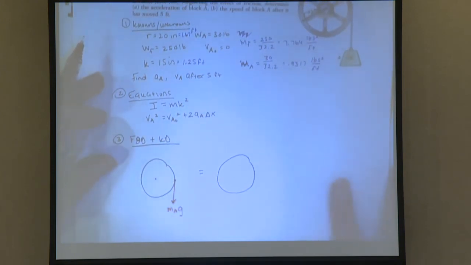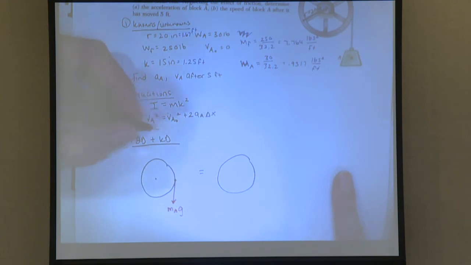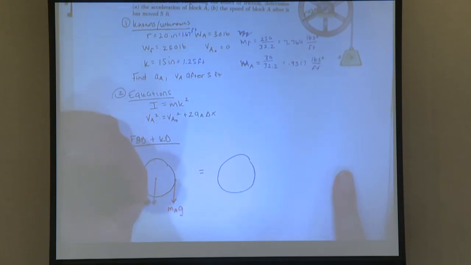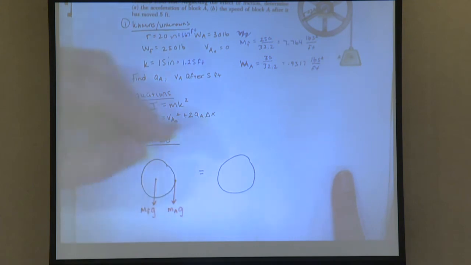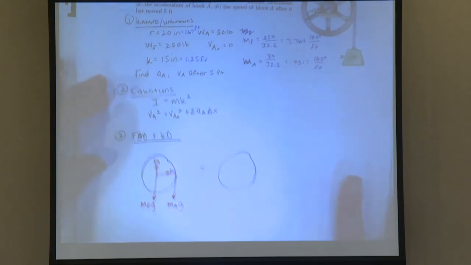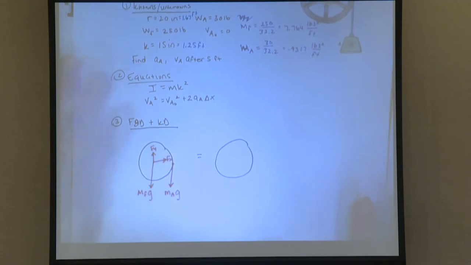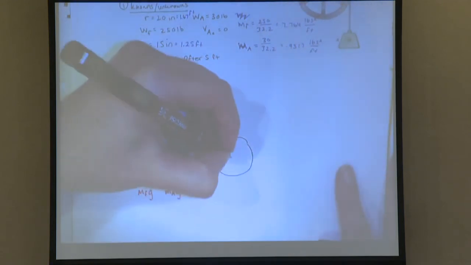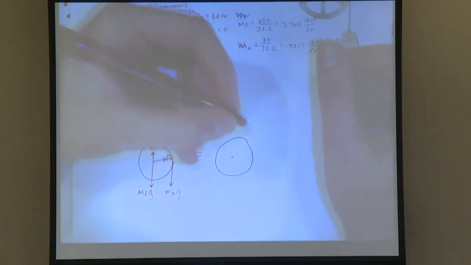What else? Good. We're going to have the weight of the flywheel, which I could write as MFG. And then we're also going to have the supports, so we have Fx and Fy. That's where the statics is. And then the only thing that's going to change from before is now we're going to have this thing.